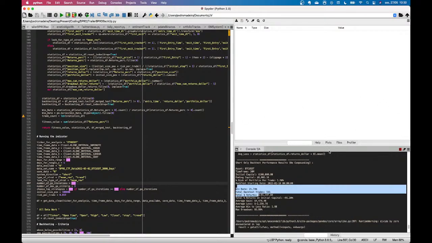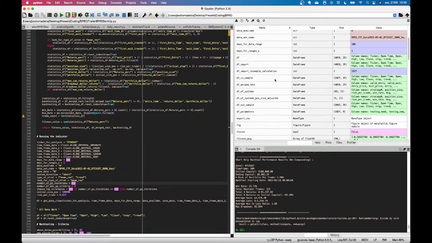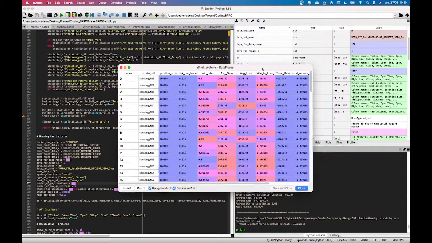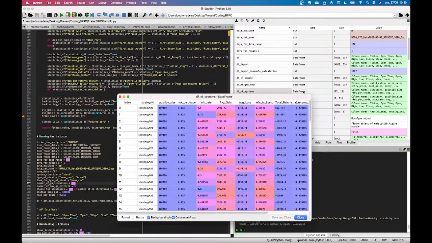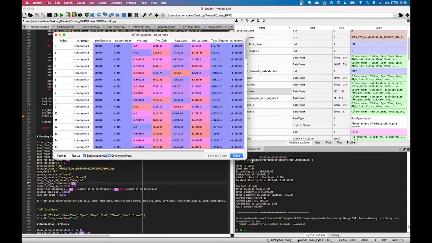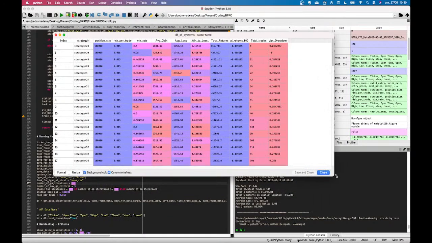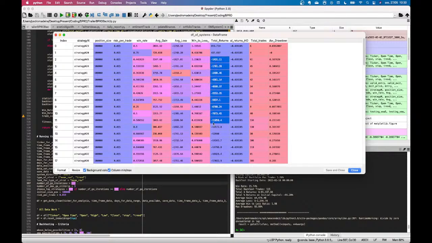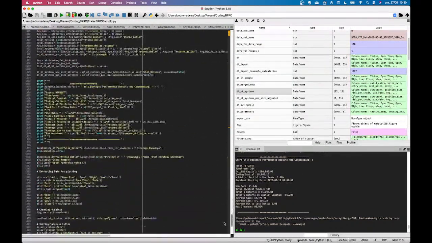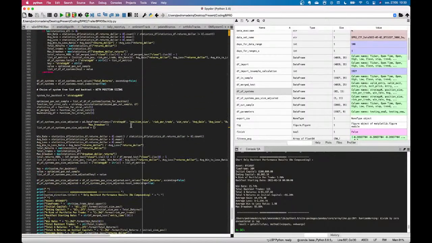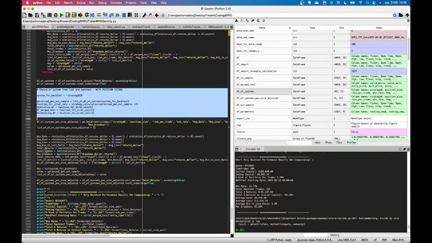Okay, so now we got the backtest here, but this is not what I'm looking for. I have this data frame, this table, where it tells me all the strategies that performed. We didn't get many strategies that performed well. We just got 2 strategies, with 6 trades. It's not very statistically relevant, but let's look at it. It shows strategy number 20.